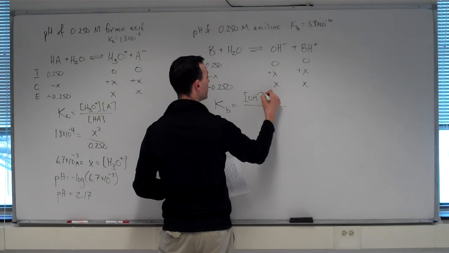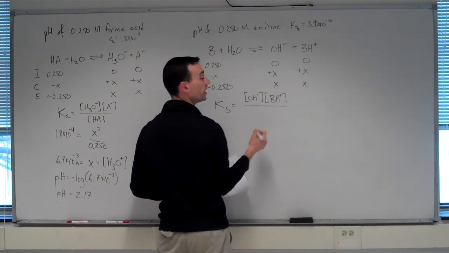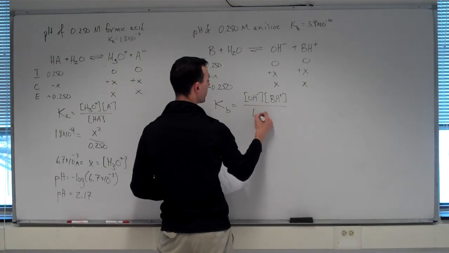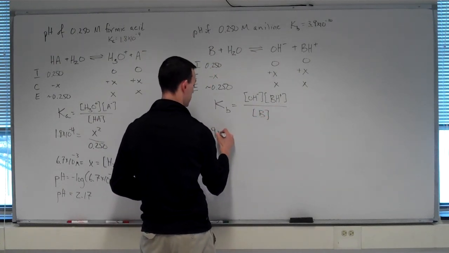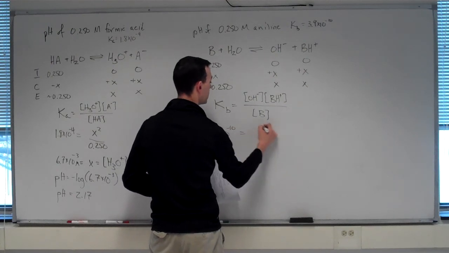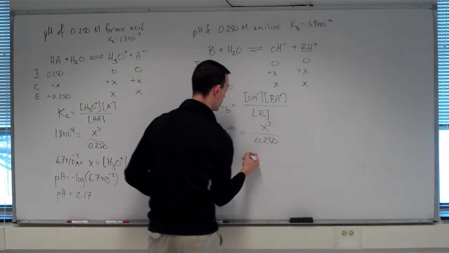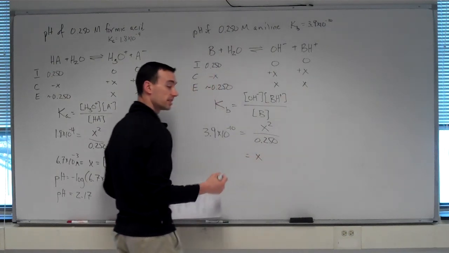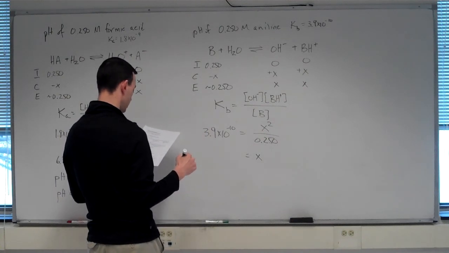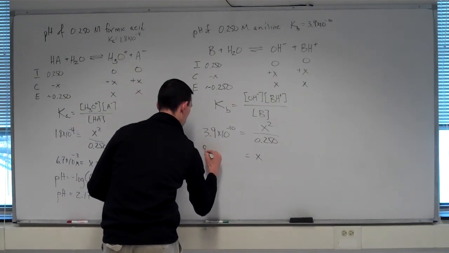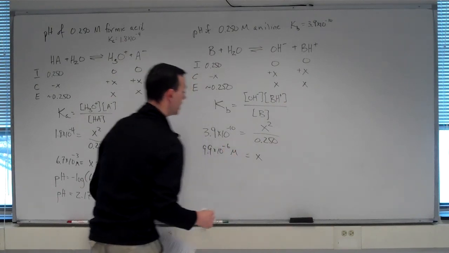We set up our Kb expression, our ions in the numerator and our base in the denominator. Again, we'll have x squared over 0.250. x is, in this case, when we multiply the 0.25 and take the square root, 9.9 times 10 to the negative 6 molar.